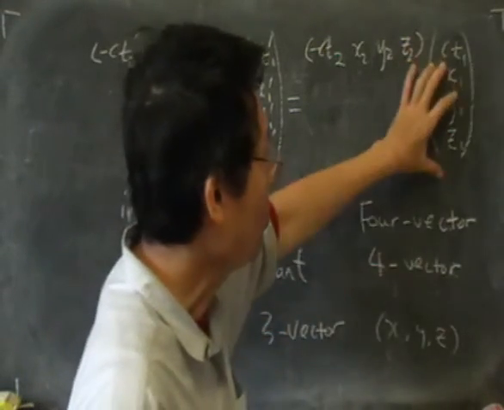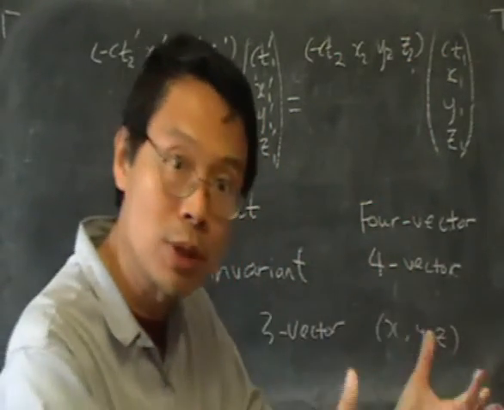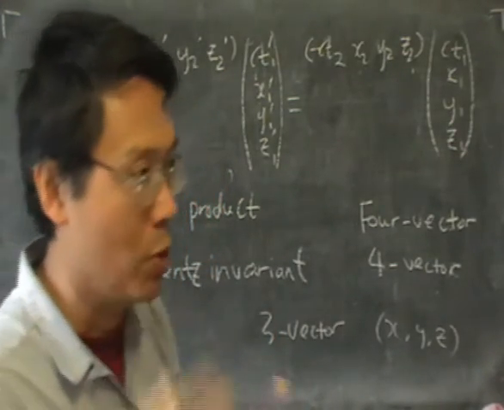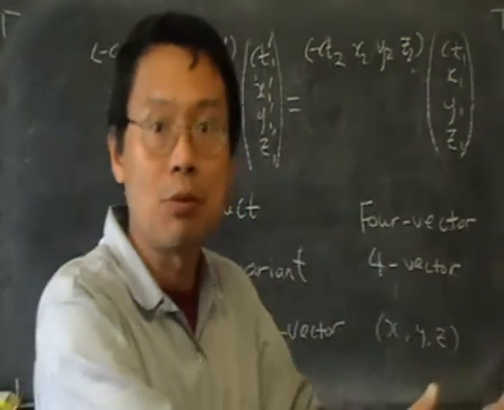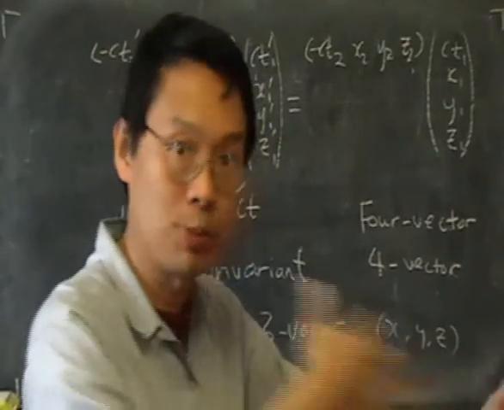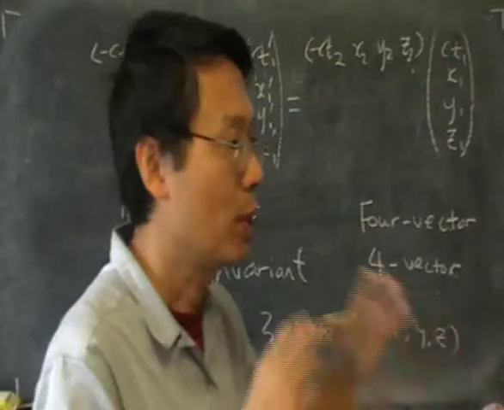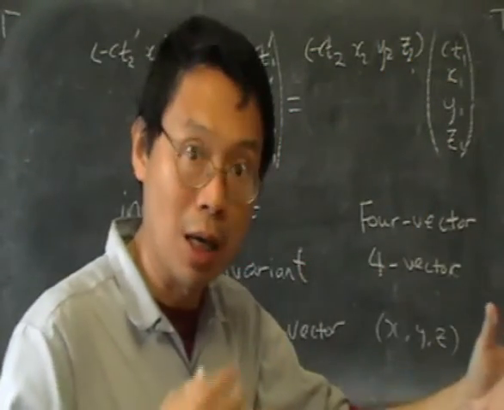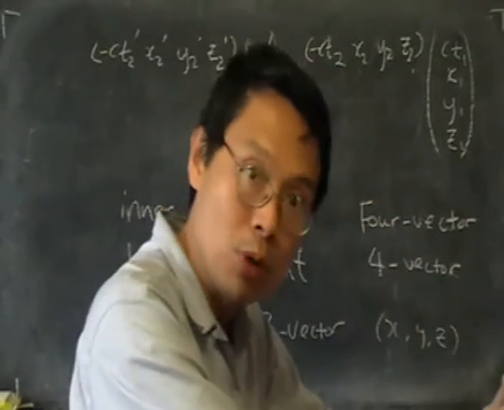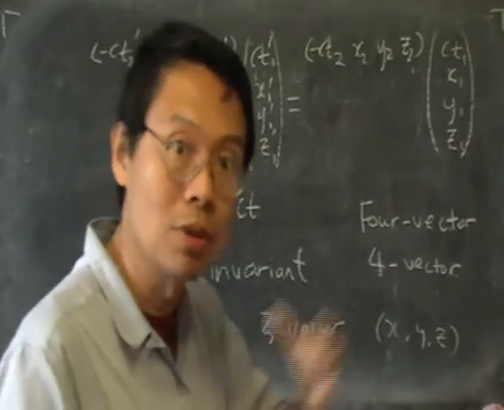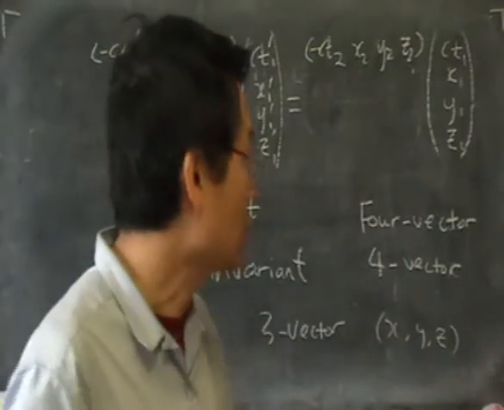And if we take these 4 numbers and transform them using the Lorentz transformation, what we mean is that we go to another frame of reference which is moving at a certain velocity with respect to this one, and we calculate what the time and positions are from the point of view of that other frame of reference. So this means Lorentz transformation.